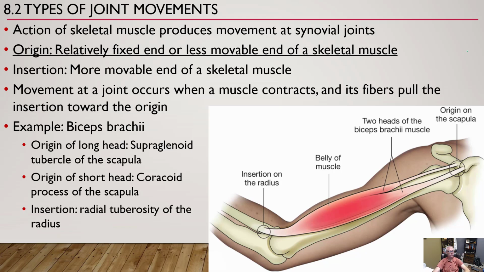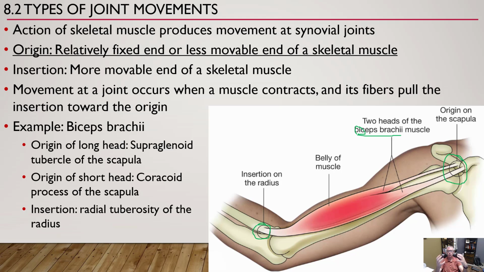So the example here is the biceps. It's the biceps brachii, and bi means 2. So the biceps actually has 2 origins on the scapula and 1 insertion on the radius.